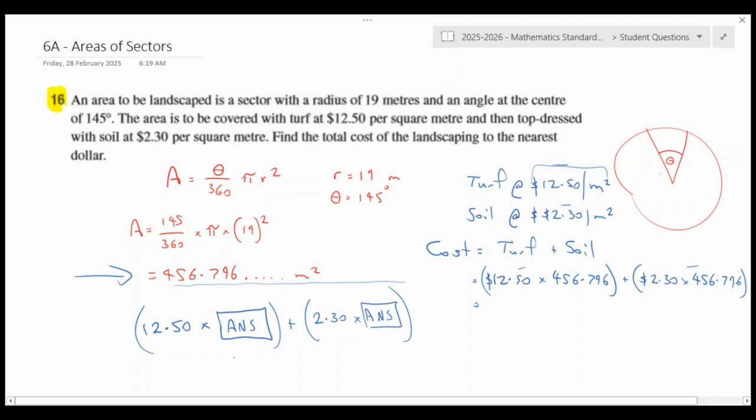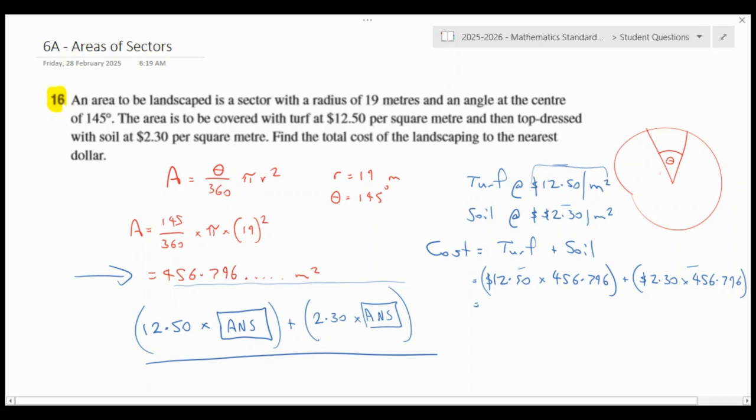So I'm going to put exactly that in and let's see what we get. I've got bracket 12.50 times ANS, close bracket, plus open bracket 2.30 times ANS, close bracket. I've put exactly that in. I haven't put the 456.796. So let's have a look.